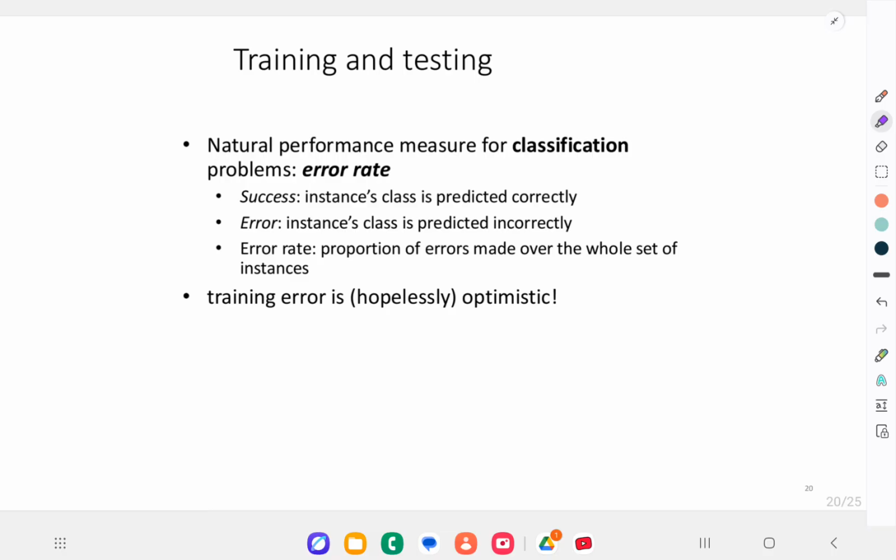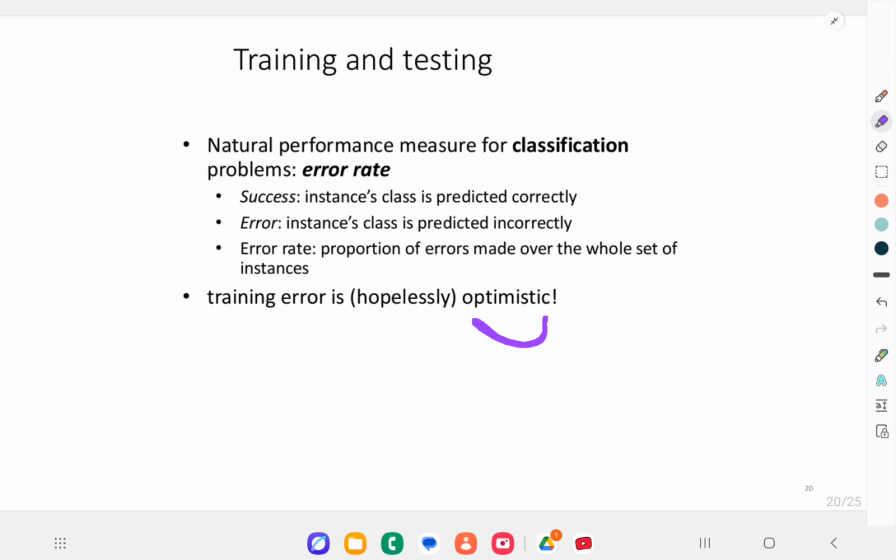Something to keep in mind is that the error rate on the training data is sometimes optimistic or misleading, because a model evaluated on the same data it was trained on will almost always look great, maybe even perfect.